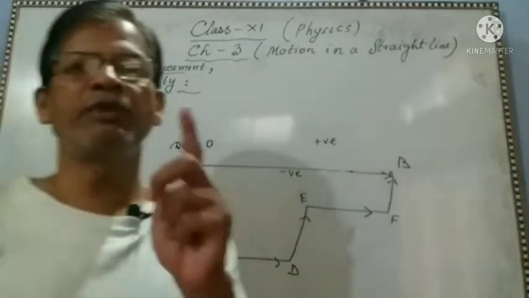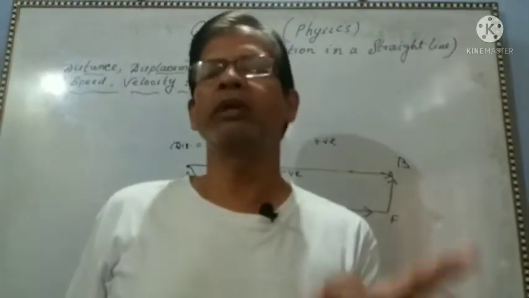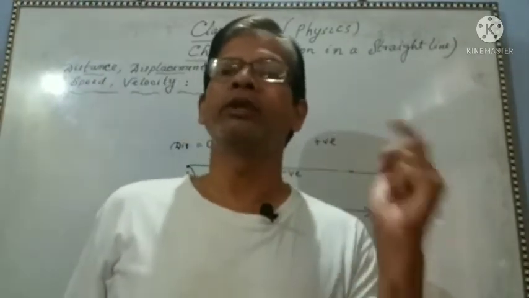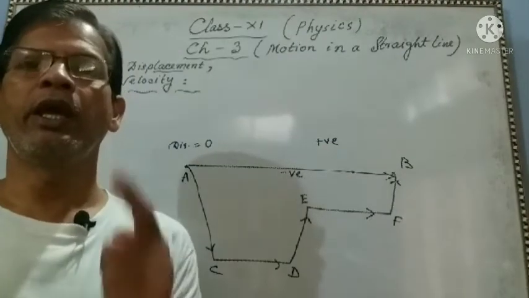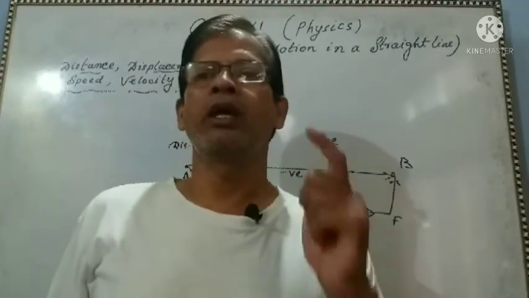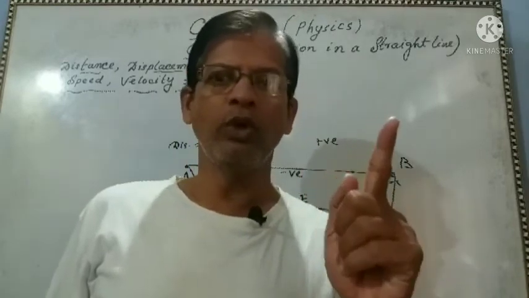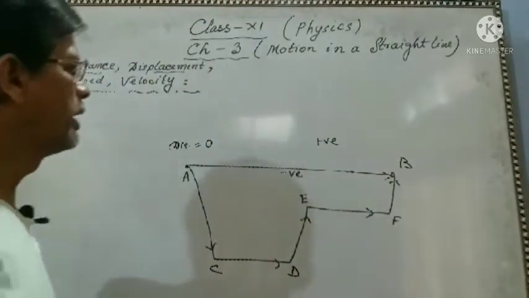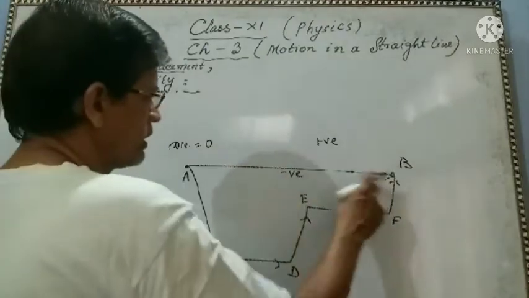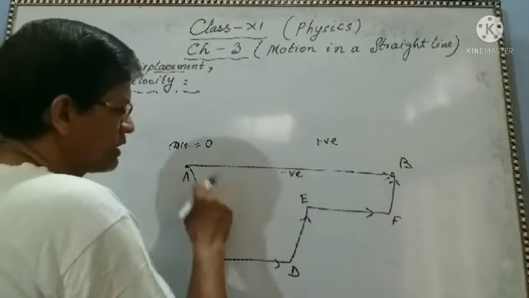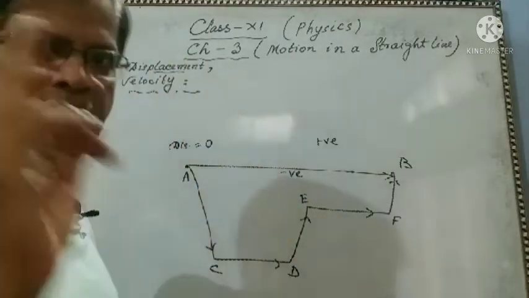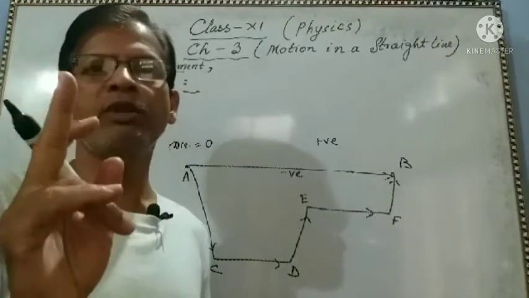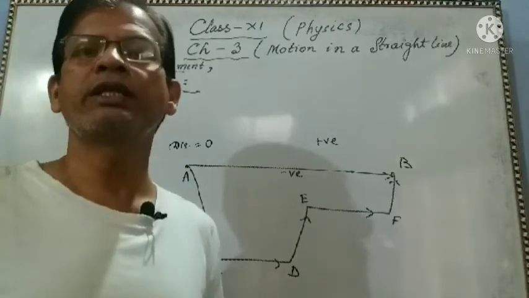So displacement may be positive, negative and 0. And displacement may be equal to or less than distance. You see here in this case, displacement is less than distance, and if it is a straight path, then displacement and distance will be the same.